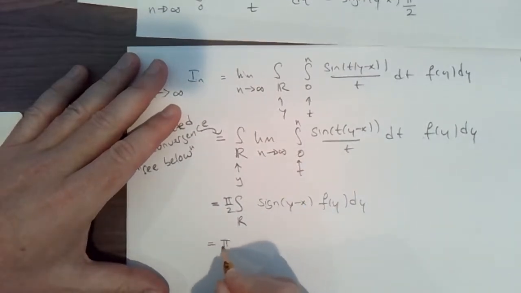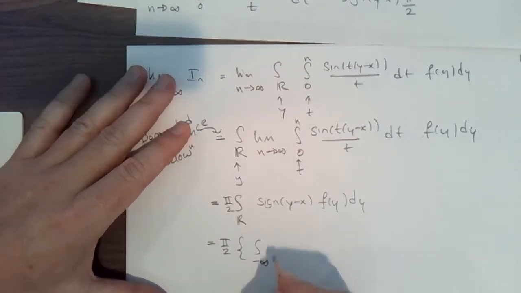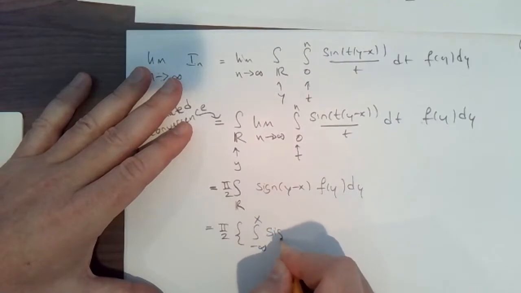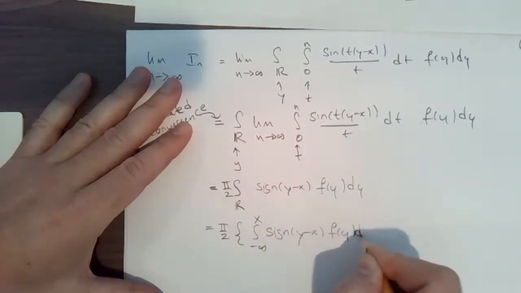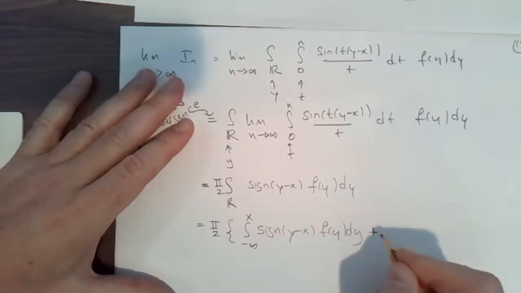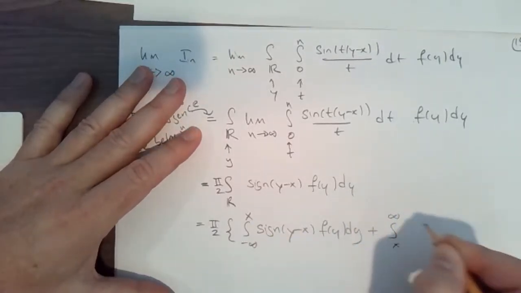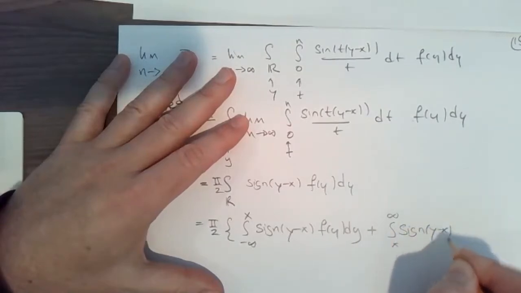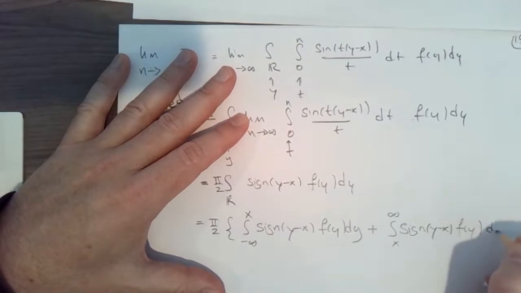So I'll do pi over 2, and then I'll integrate from minus infinity to x of sign of y minus x f of y dy. And then I'll do the same thing from x to infinity, sign of y minus x f of y dy.